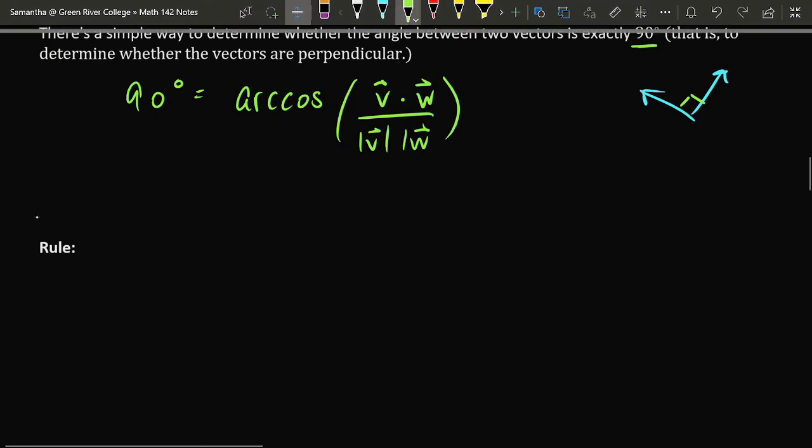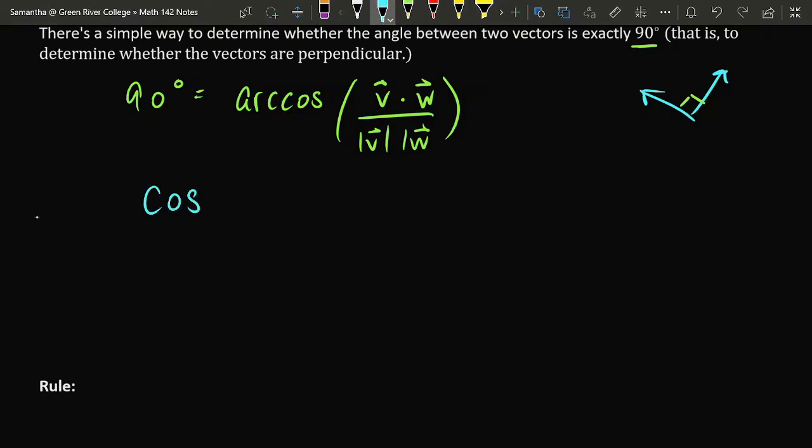So suppose that I took this equation and applied cosine to both sides. And this would be equivalent to cosine of 90 degrees is equal to v dot w divided by the length of v and the length of w.